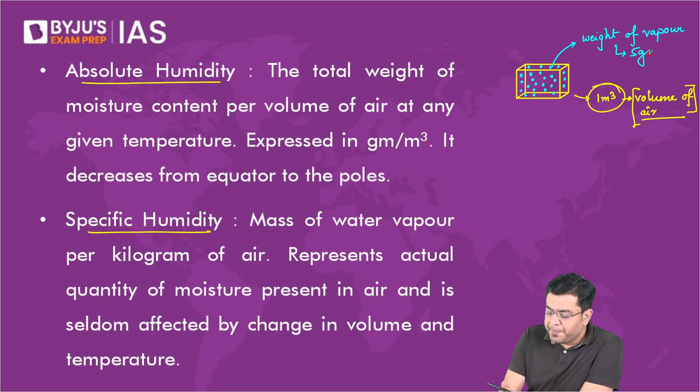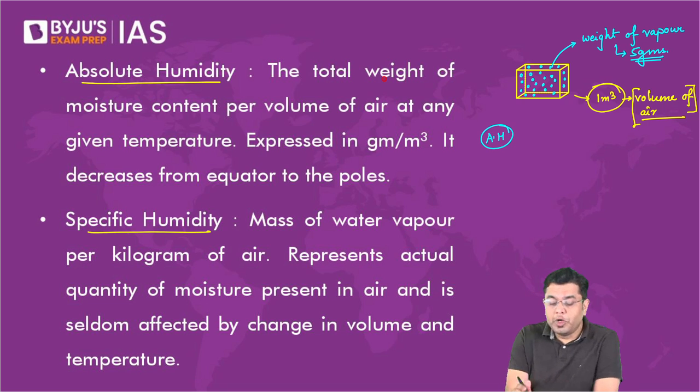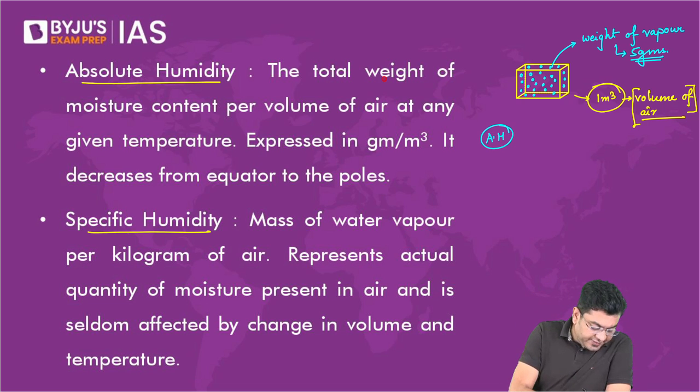So what do we mean by absolute humidity? If you have to represent absolute humidity, it is the weight of water vapor per volume. So what will be the absolute humidity in this case?